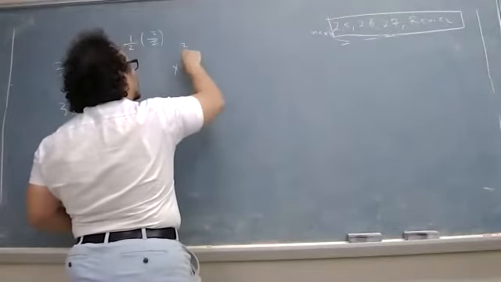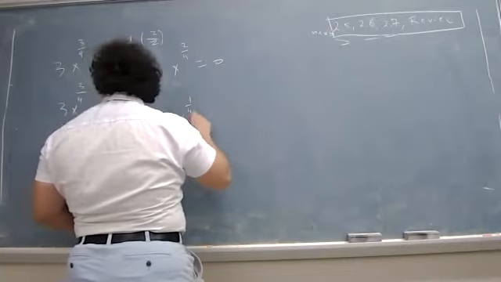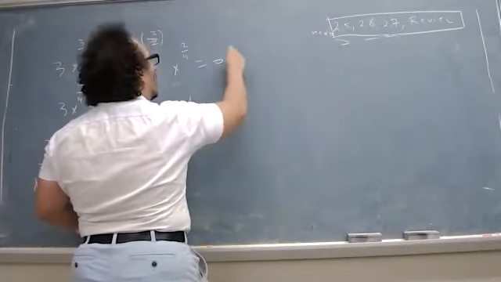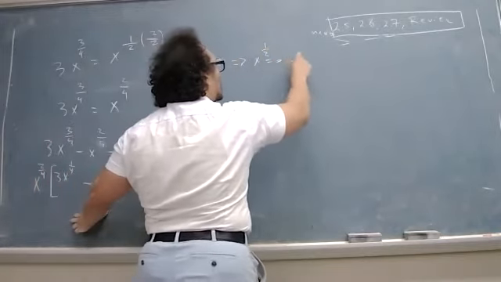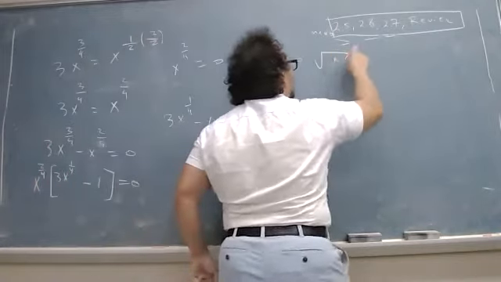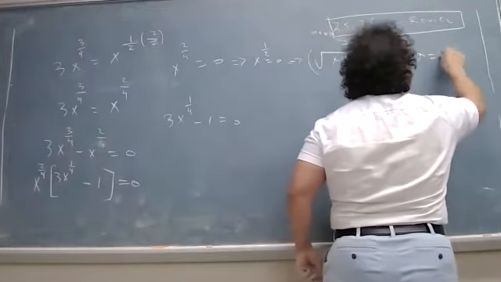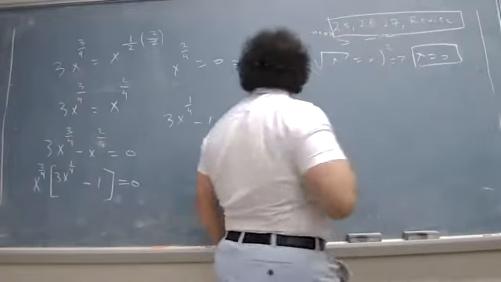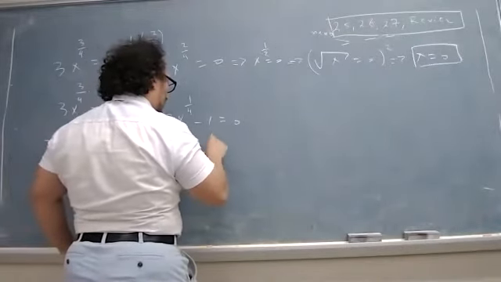So x to the 2/4 is equal to 0, and separately 3x to the 1/4 minus 1 is equal to 0. Over here, this implies that x to the 1/2 is equal to 0, which implies that the square root of x is equal to 0. So I can square both sides, and that implies x is equal to 0. Well, that's one of our roots. Over here, I add 1 to both sides.